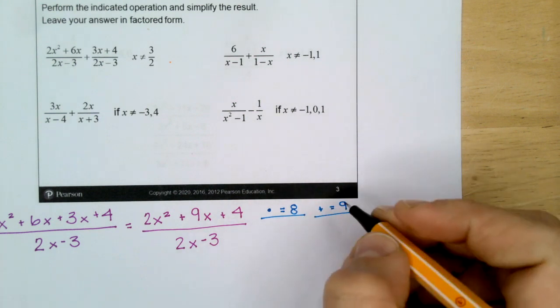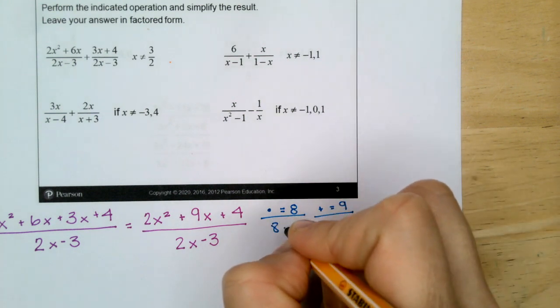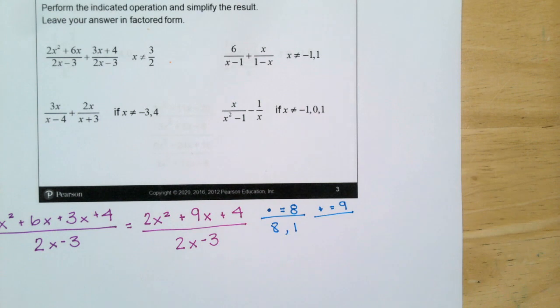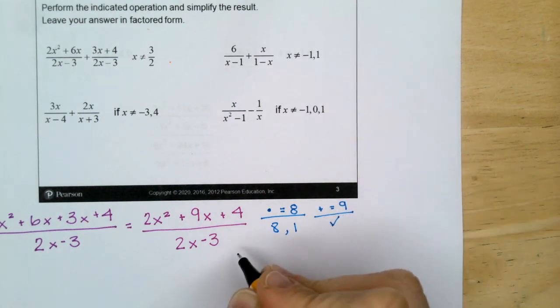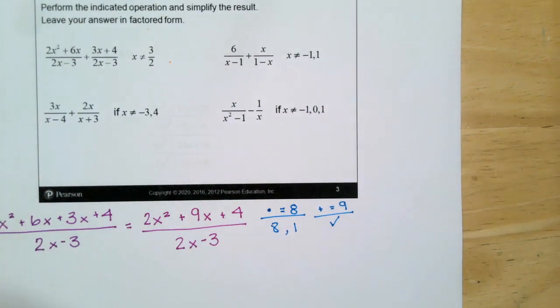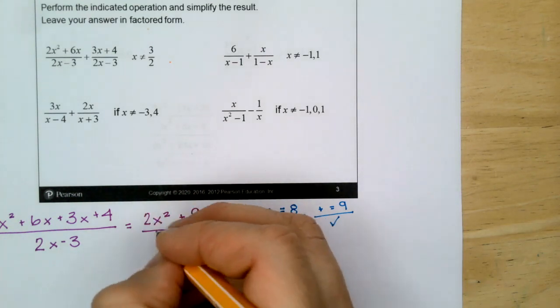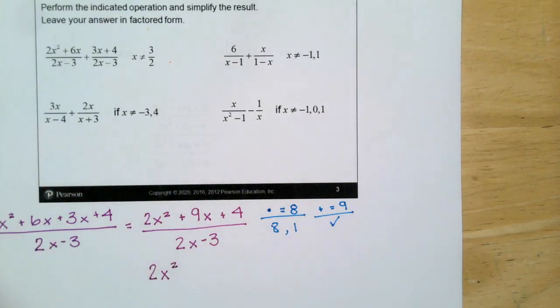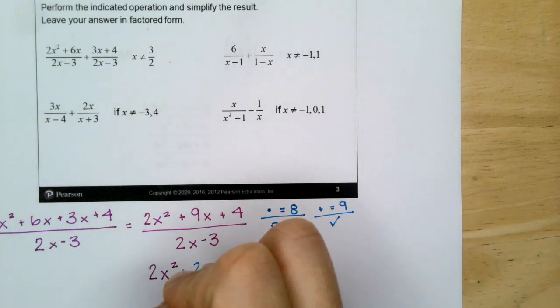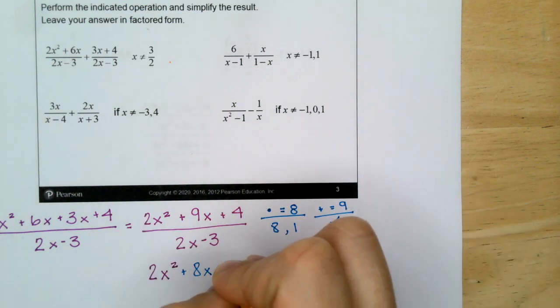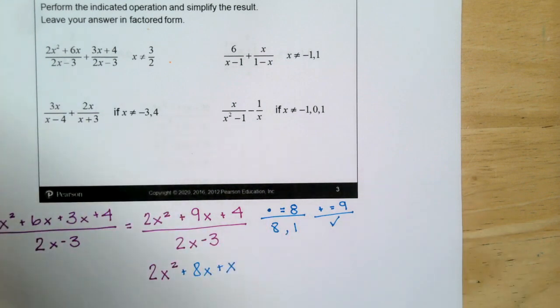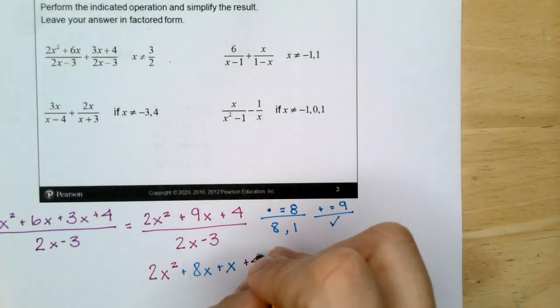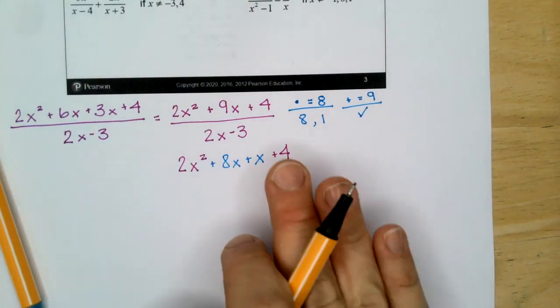Anything that multiplies to 8 but adds to 9, yeah. 8 and 1, right? But remember, because this is a 2x squared, the a is not 1. We call that 2x squared. 9x becomes 8x and 1x plus 4. And then we have to do factoring by grouping.